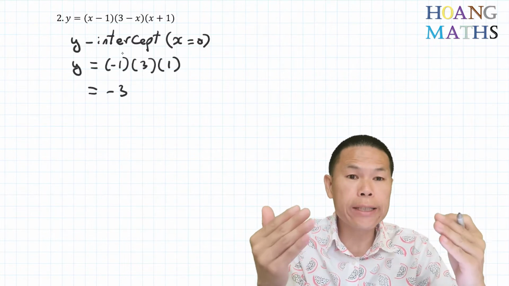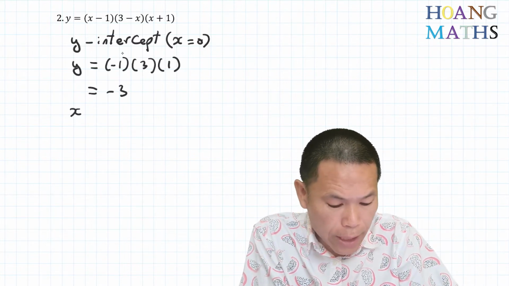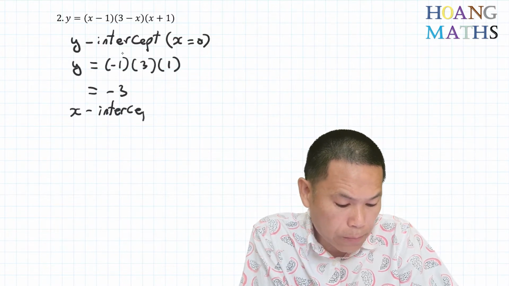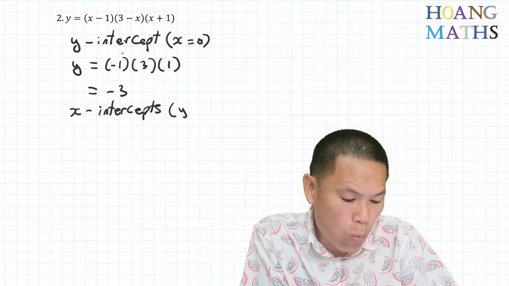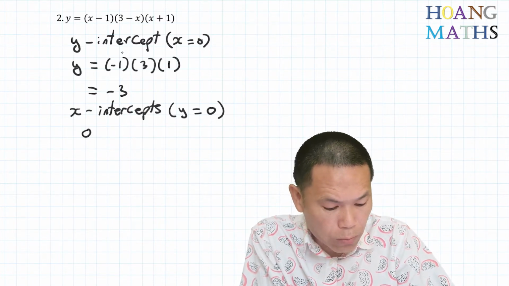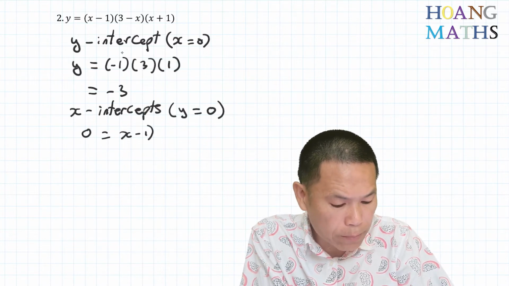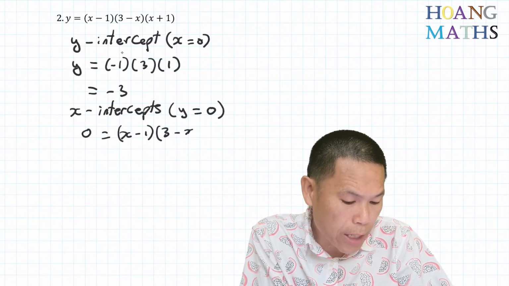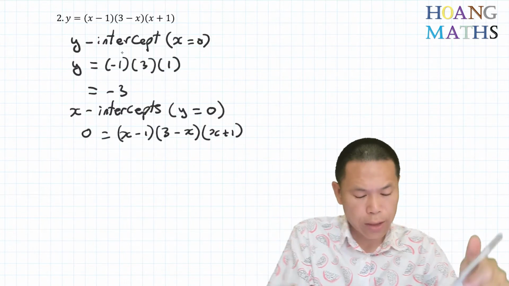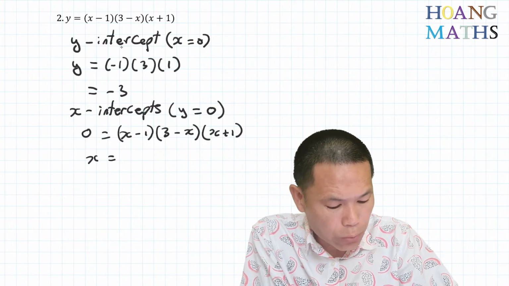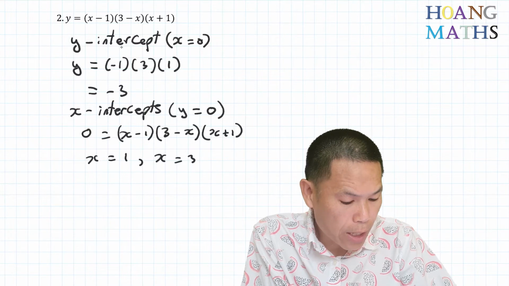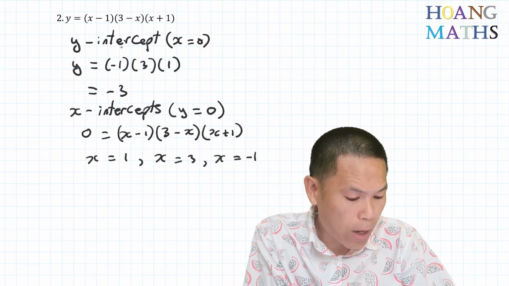Now to work out the x-intercepts, let me write this down first. X-intercepts. That means when y is equal to 0. So 0 is equal to x minus 1, 3 minus x, and x plus 1. To solve this, we know that x is equal to 1, x is equal to 3, and x is equal to negative 1.